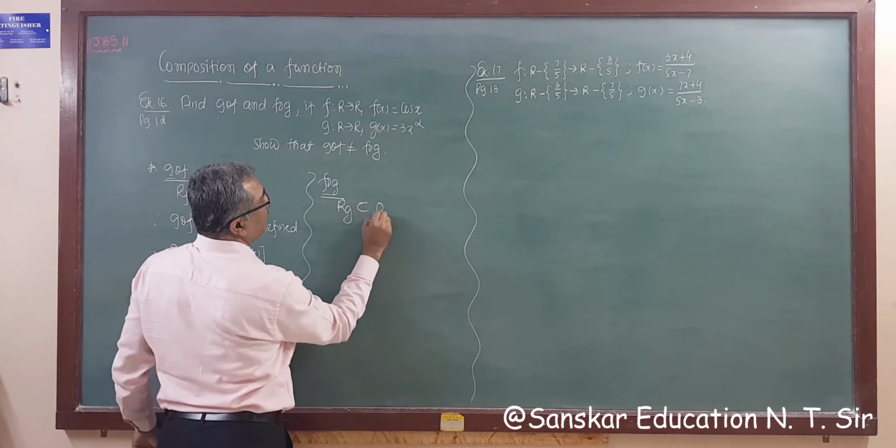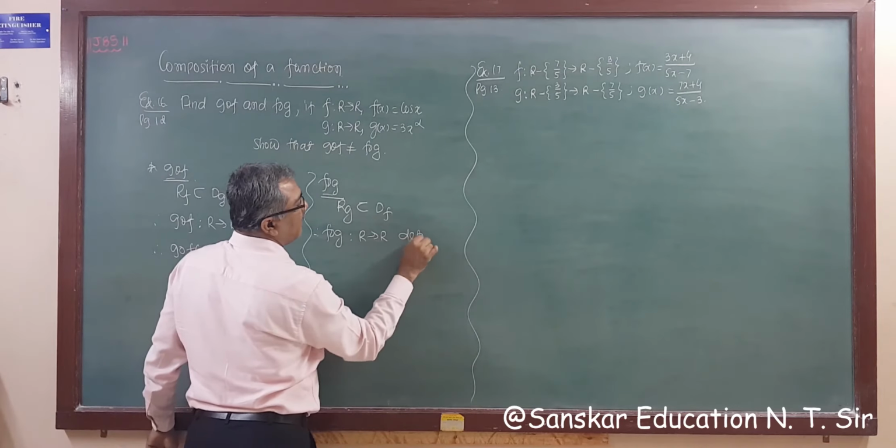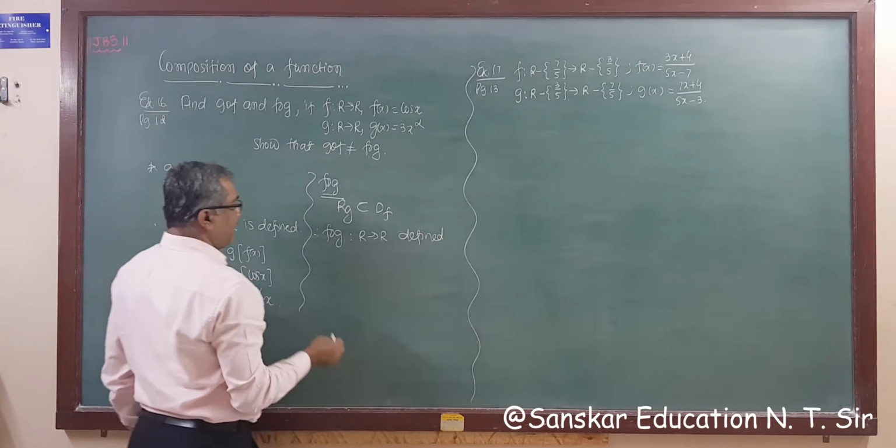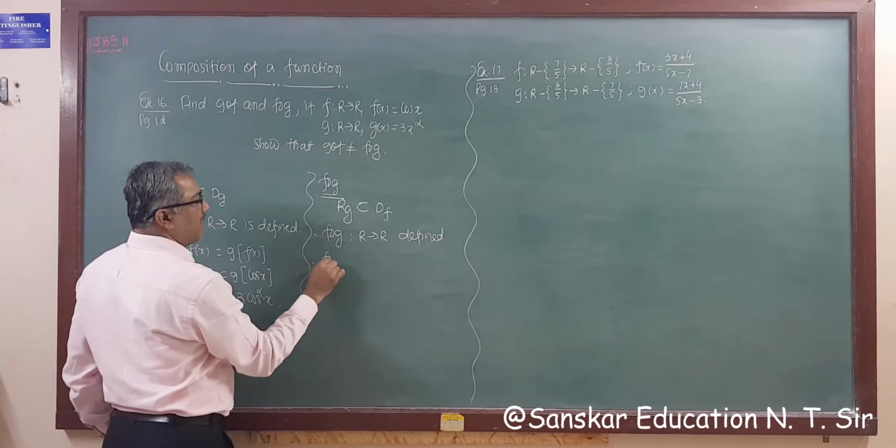Therefore f over g, R to R, is defined. So f over g of x is equal to f of g of x, which is equal to f of, now function g is defined as 3x square. So this is 3x square, right? Now f of, instead of x.